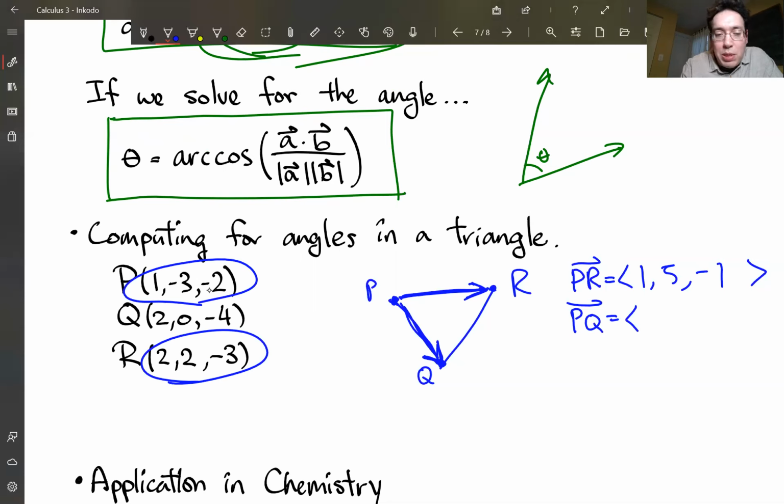And the vector from P to Q is going to be 2 minus 1, 0 minus -3, and -4 minus -2, so that's -2. Okay.